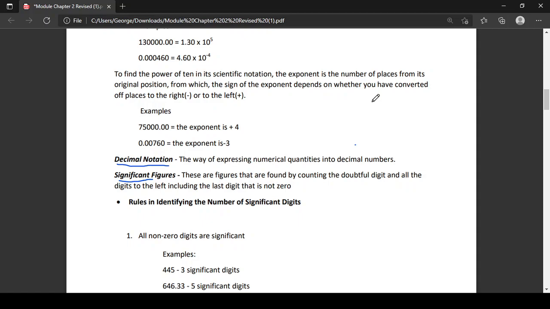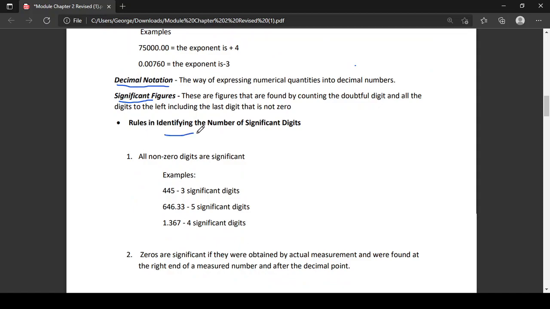That is rule number 1: all non-zero digits are considered significant. So 445, how many significant digits? 3, sir. 420? 2, sir.